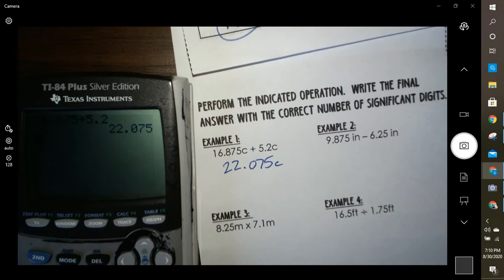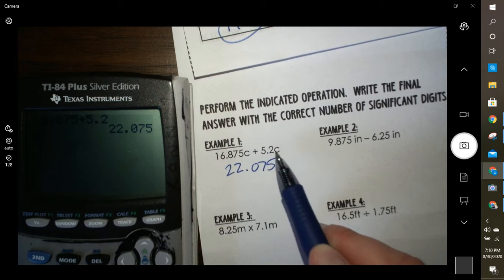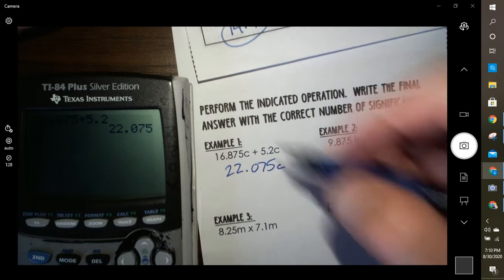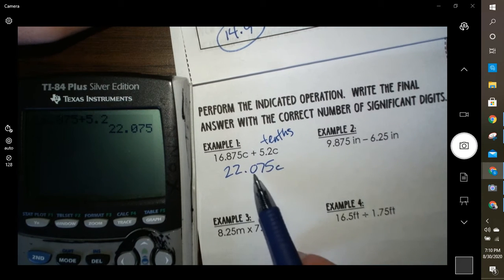The least precise here would be the 5.2, and the 2 is in the tenths place. So just like the example we did before, we're going to be rounding to that tenths value.